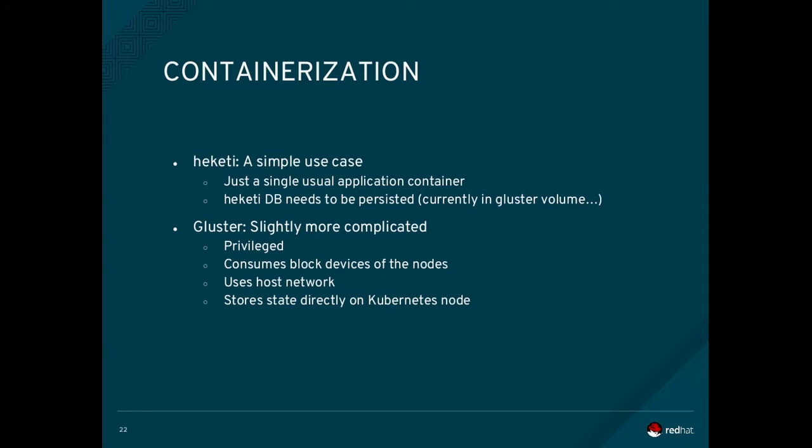It also uses the privilege mode to bind mount certain directories on the host, and that's where Gluster stores its state. It stores it in /var/lib/glusterd and a couple other places on the host itself, so that the actual service that's running doesn't entirely care what node it's on. It just reads the configuration and then assumes the identity of that node.